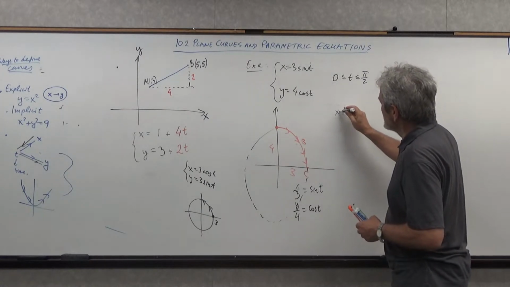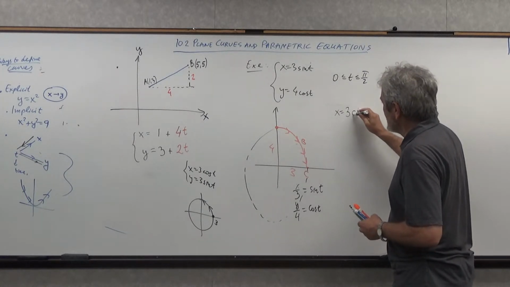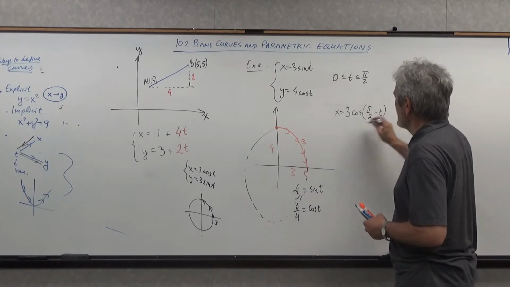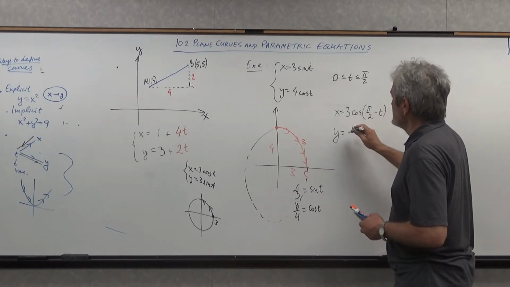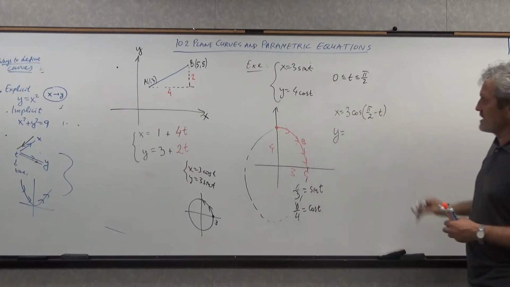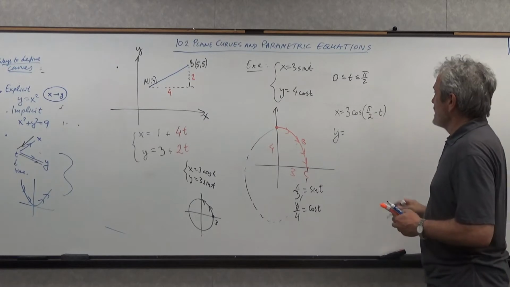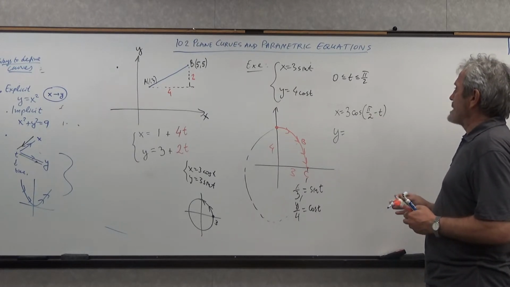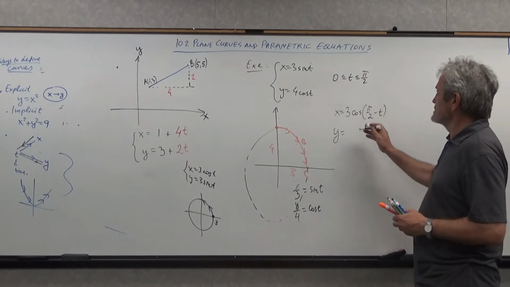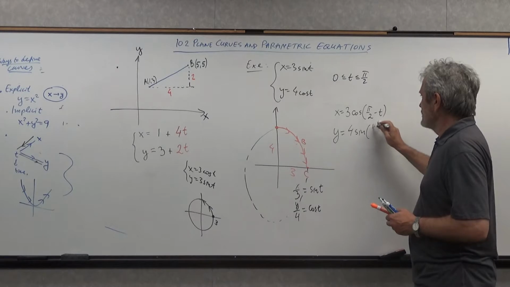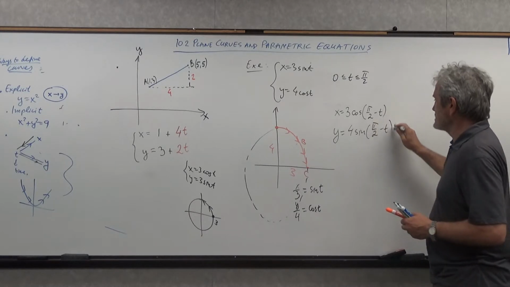So x equals, I can write sine as cosine of pi half minus t. And y is, because sine of the angle is cosine of the complementary angle. And y I can write the same way, as sine of pi half minus t.